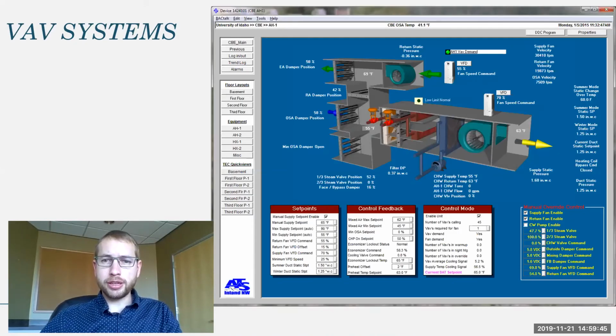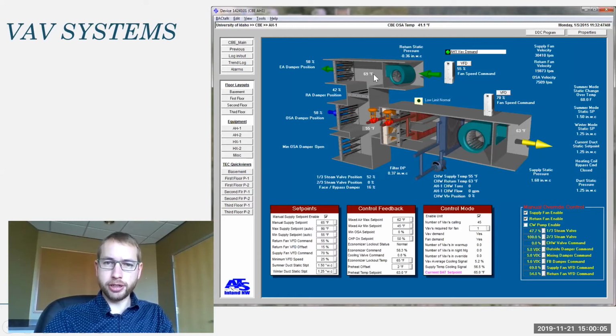Here's what it looks like from a building operator's perspective. If a building has an energy management system or building management system or building automation system, sometimes you'll have this nice graphic screen which shows you in real time how the building is actually operating.